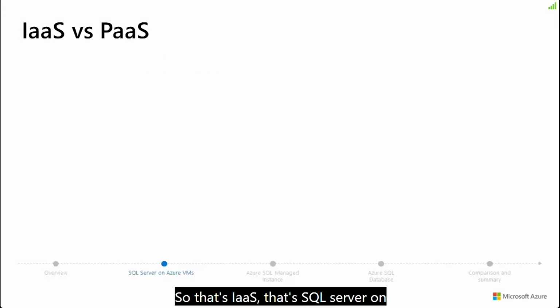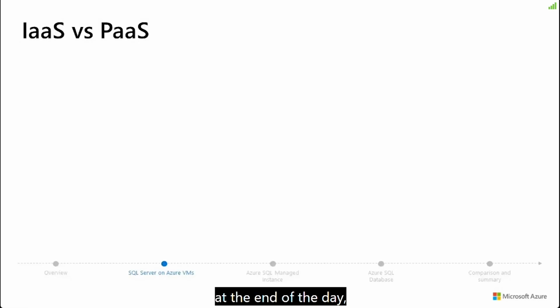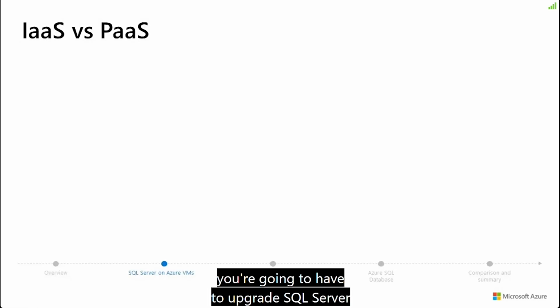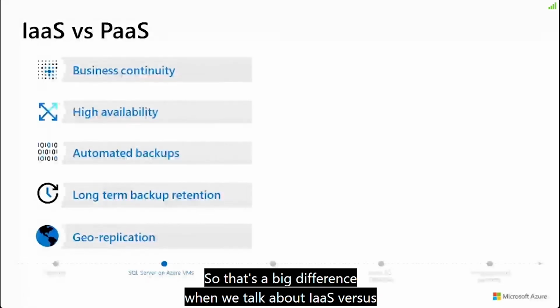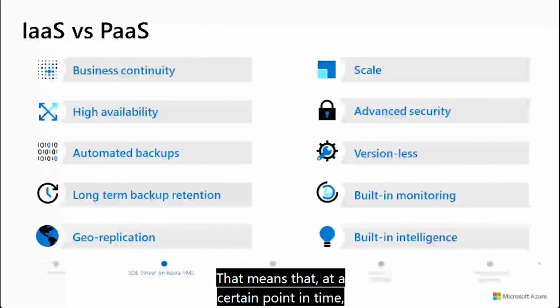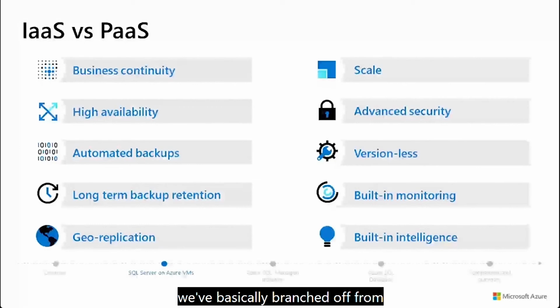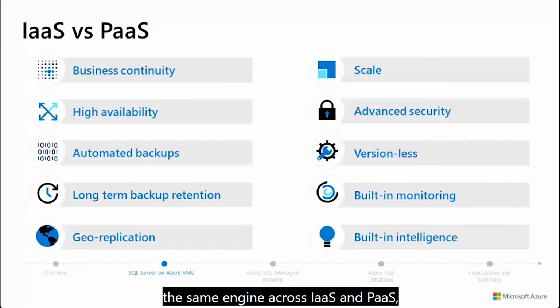So that's IaaS. That's SQL Server on a virtual machine where you're still managing the OS, and at the end of the day, you're going to have to upgrade SQL Server when the next version of SQL Server rolls around, or if you stay on 2008, eventually you're going to have to move to a newer version. So that's a big difference when we talk about IaaS versus PaaS, because platform as a service is versionless. That means that at a certain point in time, we've basically branched off from the SQL Server base engine, because it's the same engine across IaaS and PaaS and even our on-premises SQL Server.